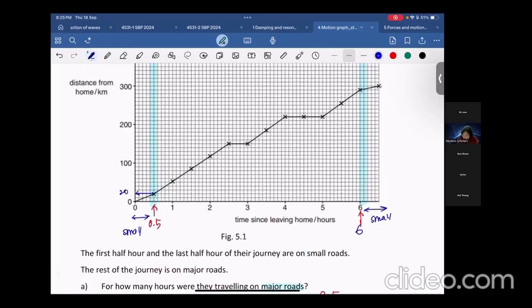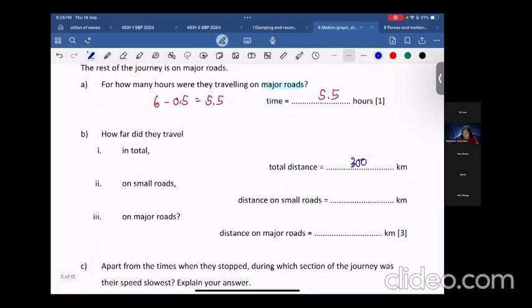The last one, only one box, is 10 kilometers. 20 plus 10 is 30 kilometers on the small road. So on the major road, how far did we travel? 300 minus 30, so it's 270 kilometers. Is it okay? If okay, give me your reaction. Then we continue with C.